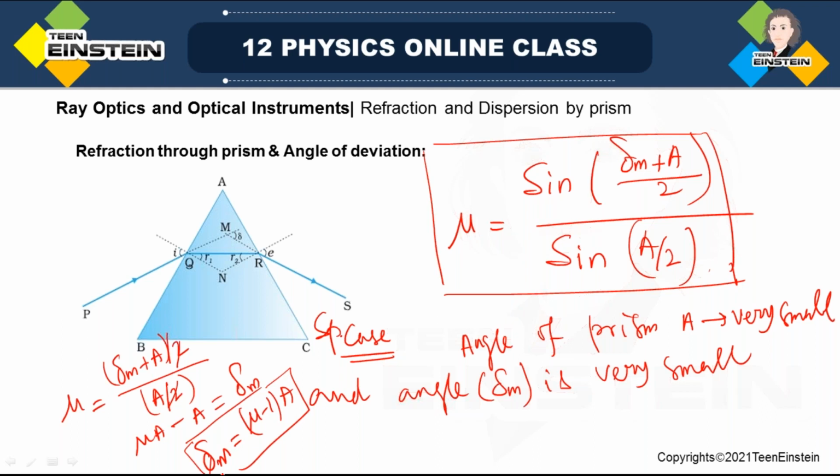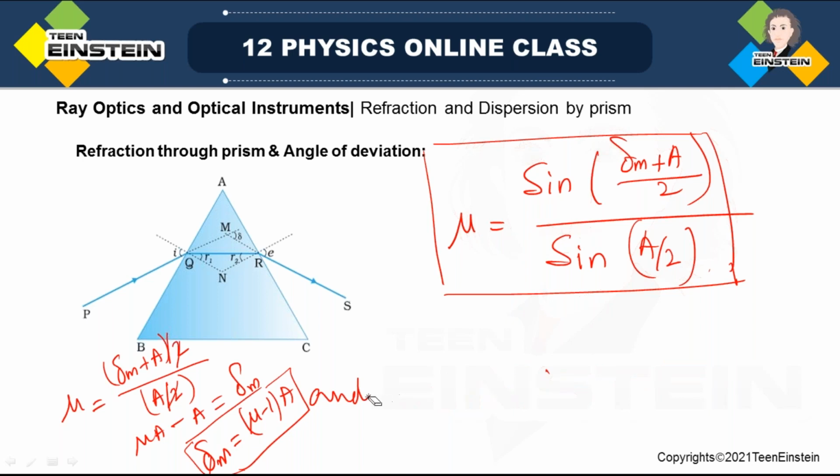As I said in the beginning itself, in your experiment, what will be given? In the beginning of the experiment, you will be given a prism and two parameters: the angle of prism and the refractive index of the medium. So from there itself, you can directly calculate the angle of minimum deviation.